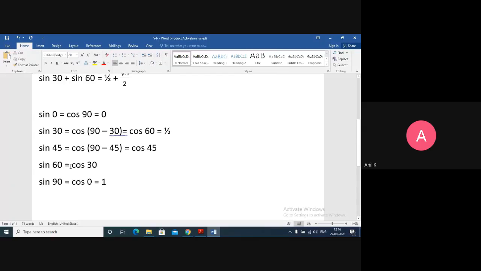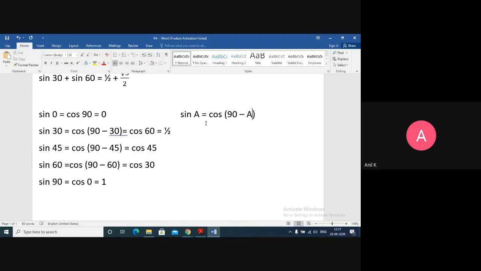Even sin 60 also I can write as cos 90 minus 60. Here from this scenario I can reassemble that for any angle, sin A will be equal to cos 90 minus A.